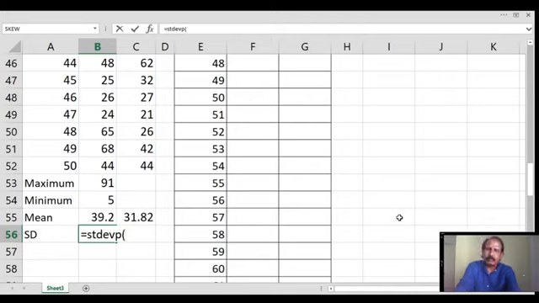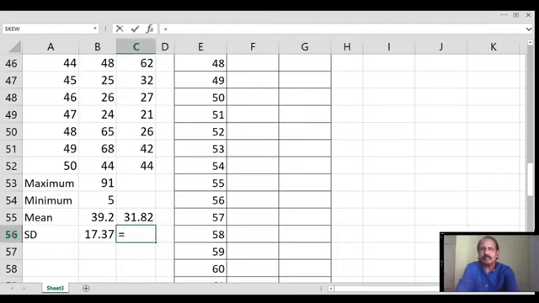Now after STDEV.P we have to open a bracket, and after the bracket we have to write the data range of male, that is B3 to B52. Now we close the bracket and press the enter key. In this way we have got the standard deviation of male.